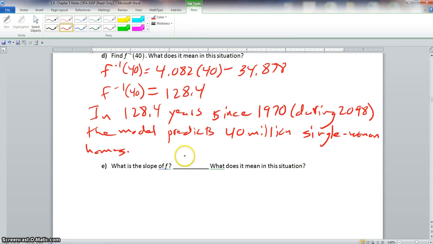Now the slope of f is 0.245. What does it mean in this situation?